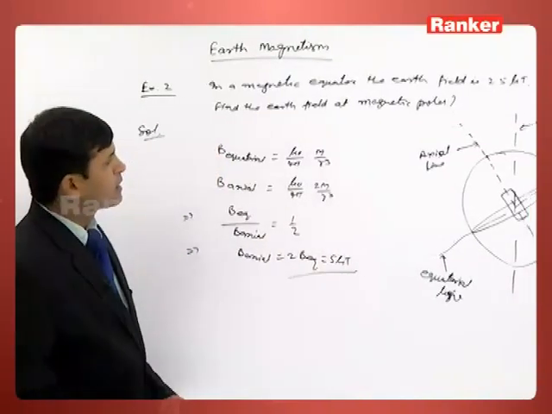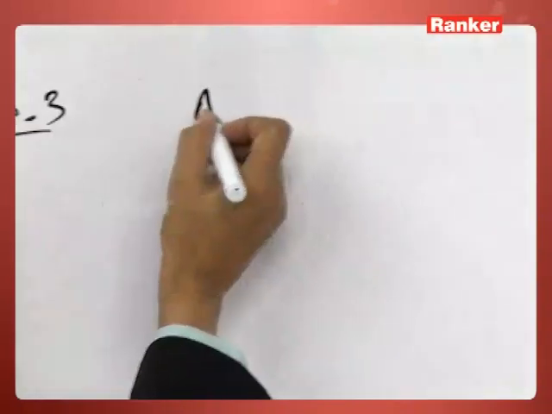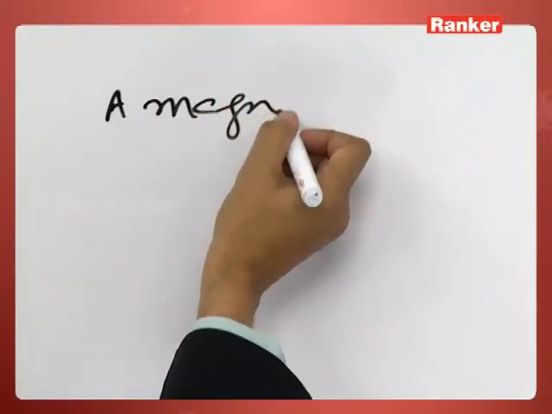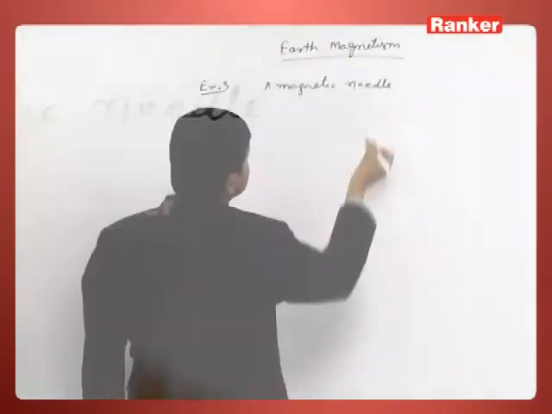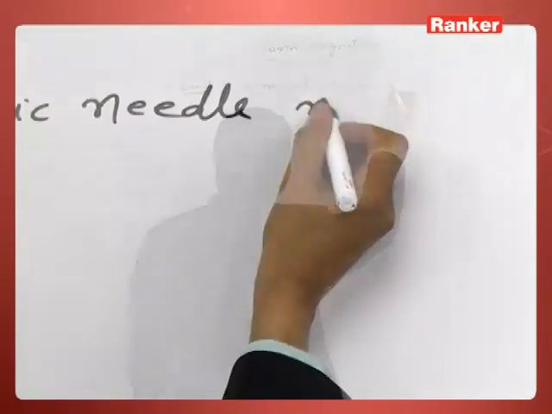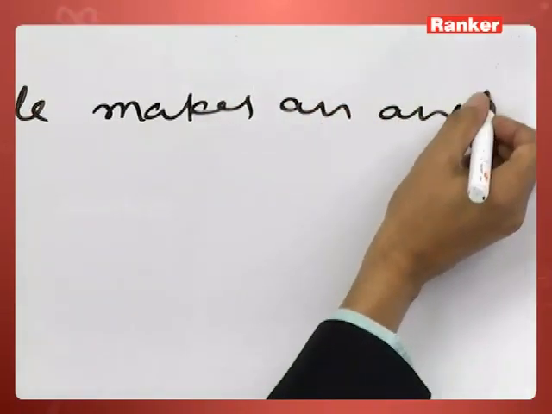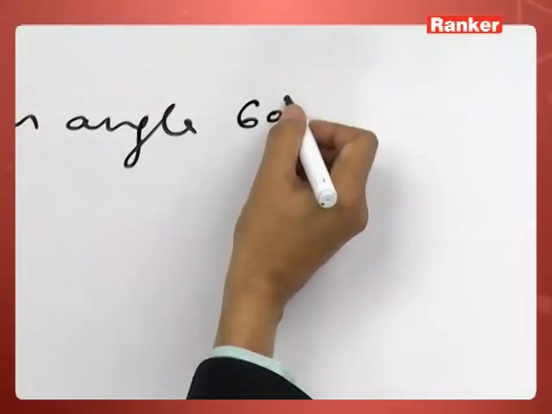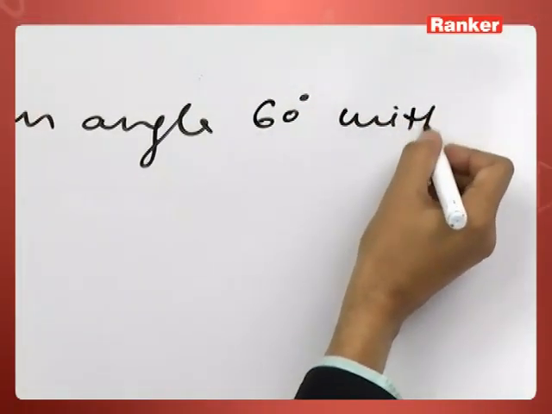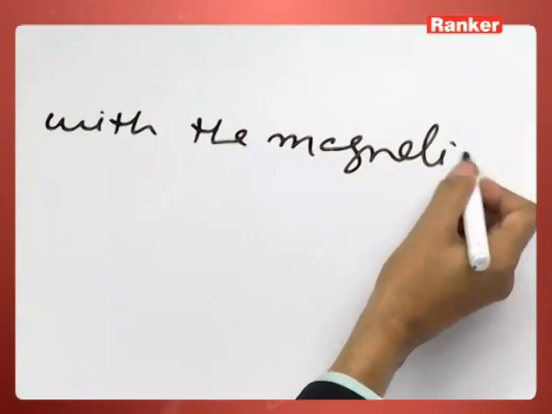Now see another example, example number 3. A magnetic needle makes an angle 60 degree with the magnetic meridian.